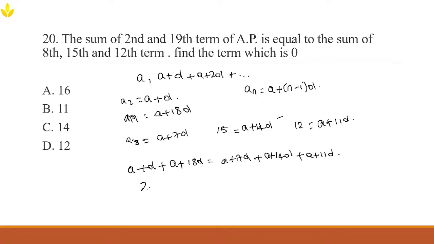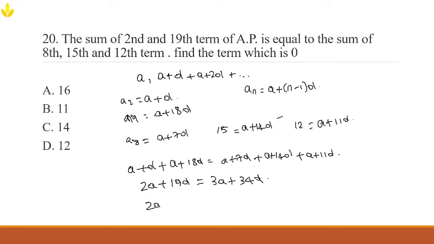That is 2a plus 19d will be equal to a plus a plus a, that is 3a, plus 7 plus 14 is 21, plus 11 gives you 32d.